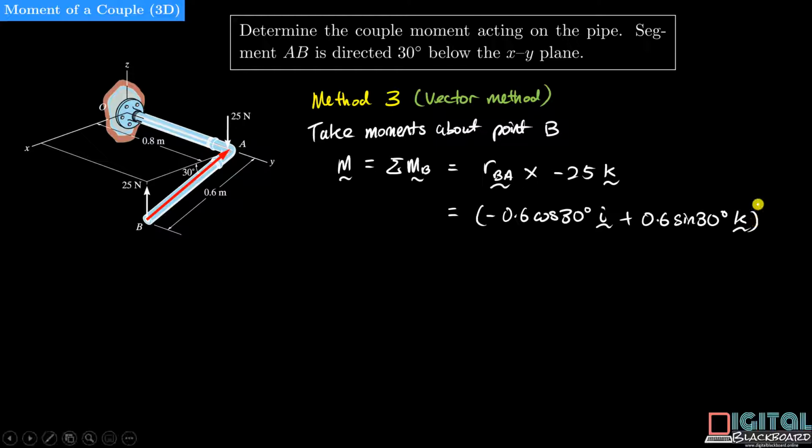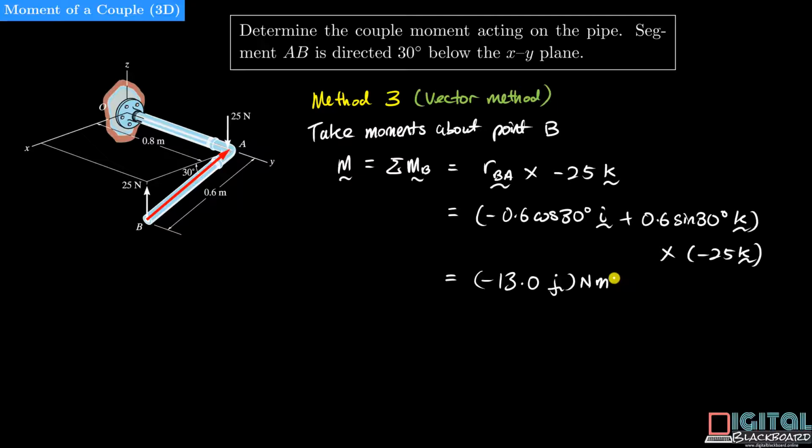Then you cross by your force, which is minus 25k. k cross k gives you 0, obviously. i cross k gives you minus j, and this minus multiplied by this minus becomes positive, so we end up with just minus 13.0 j newton meter.